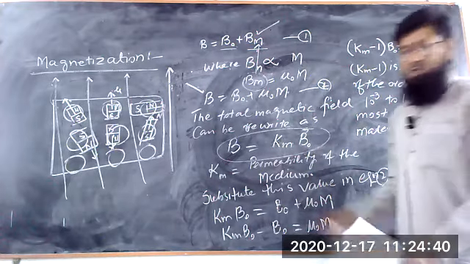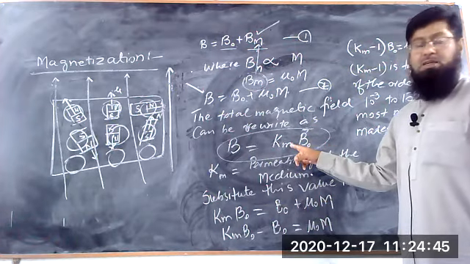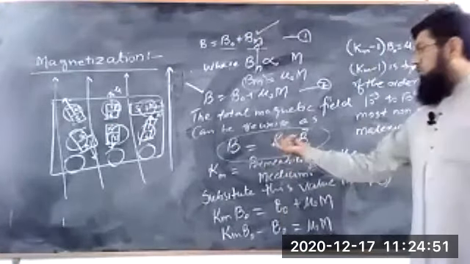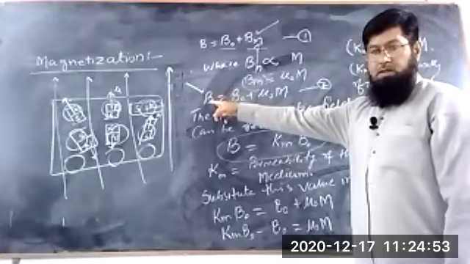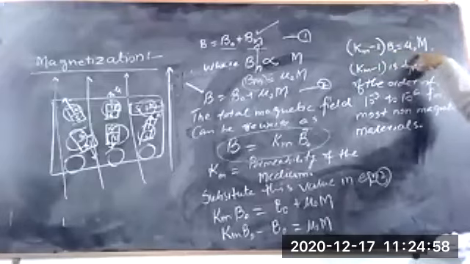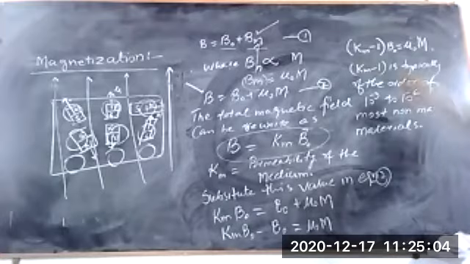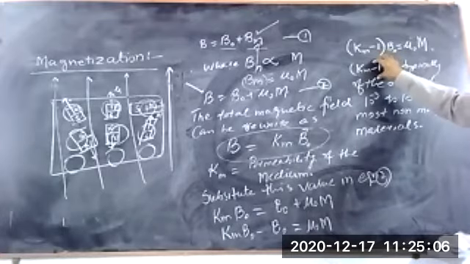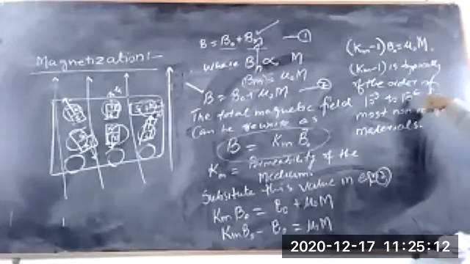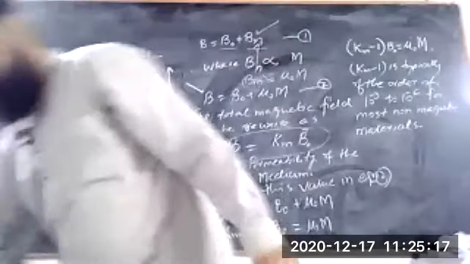It means the magnetic field is directly proportional to the external magnetic field, and Km is a constant which we call the permeability of the medium. Substituting this value, simple mathematics gives us (Km minus 1) B naught equals mu naught M. This is the phenomenon of magnetization, and for non-magnetic materials Km minus 1 is 10 raised to power minus 3 to 10 raised to power minus 6. So this is the end of this topic.